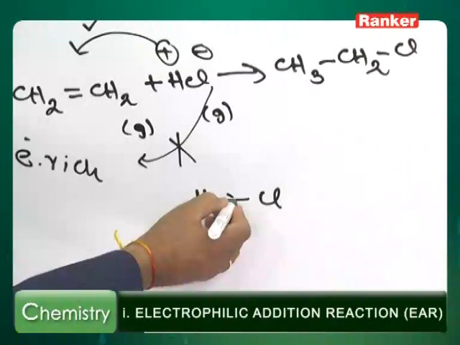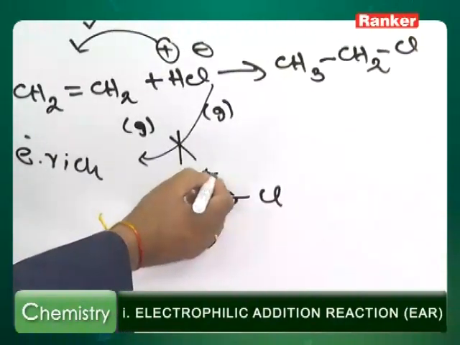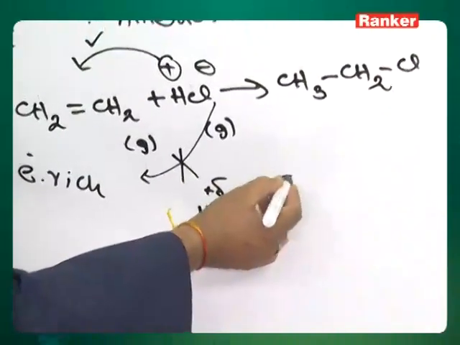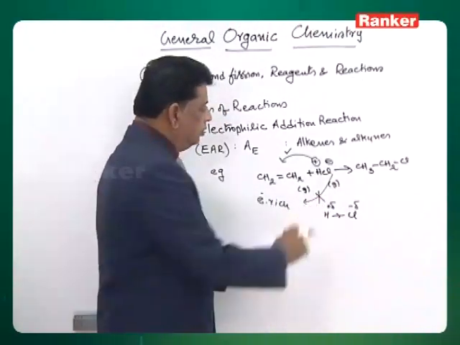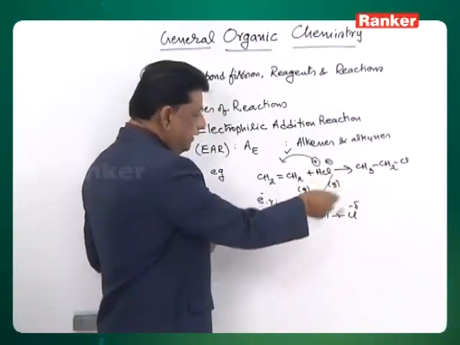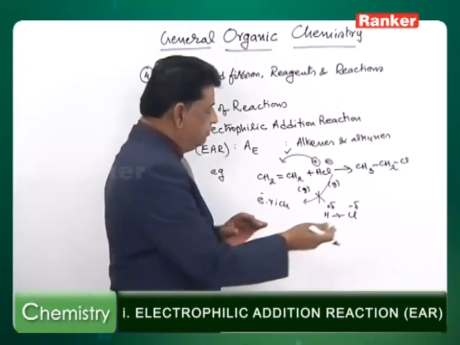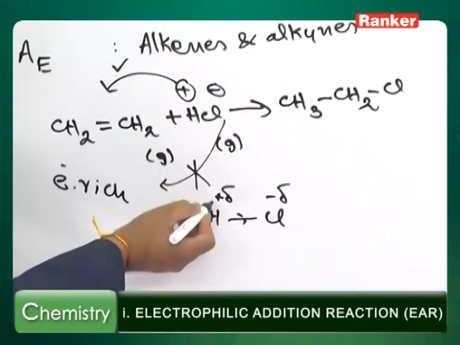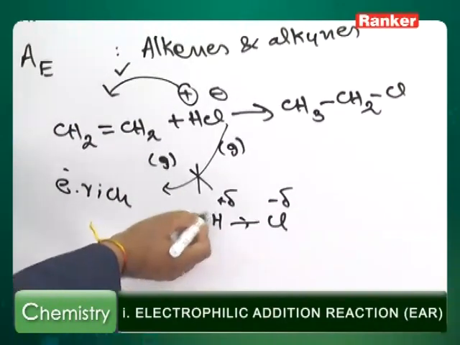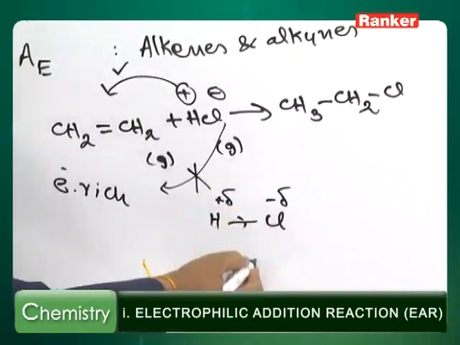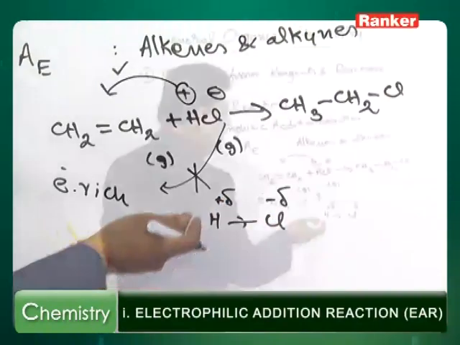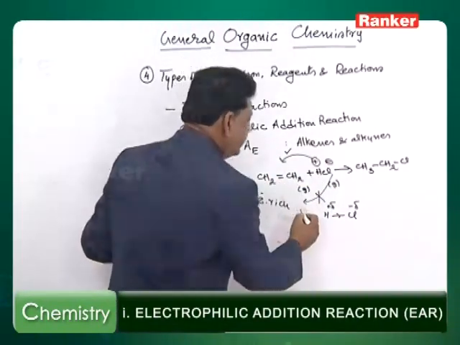Otherwise, the molecule will be there, H will have a delta plus and Cl will have a delta minus. If the molecule comes from the Cl side, the reaction will not take place. But if it twists to the other side, then the plus will be allowed to attack. As the plus comes closer and closer, the sigma bond opens into plus and minus. The plus will attack first.